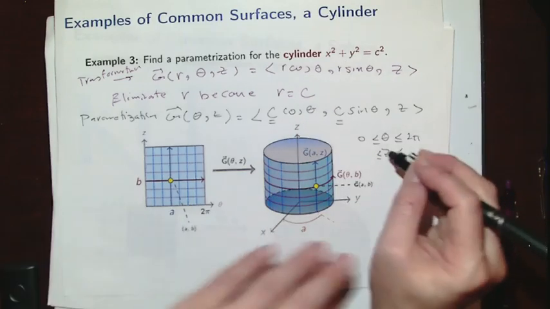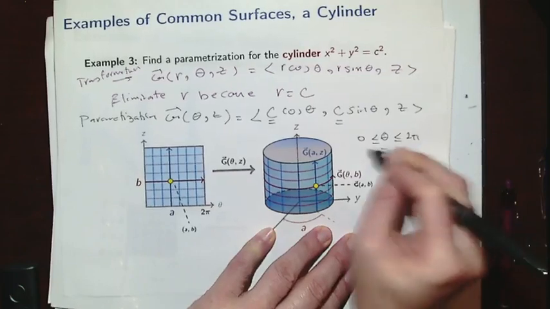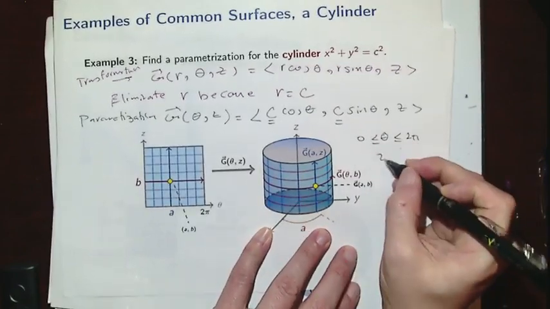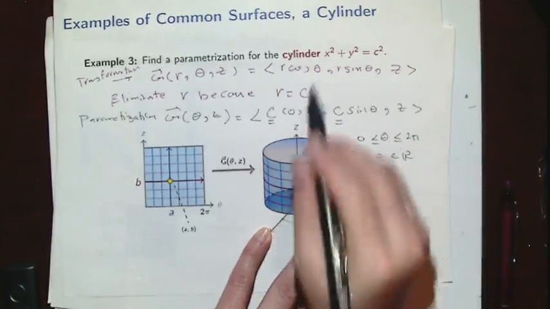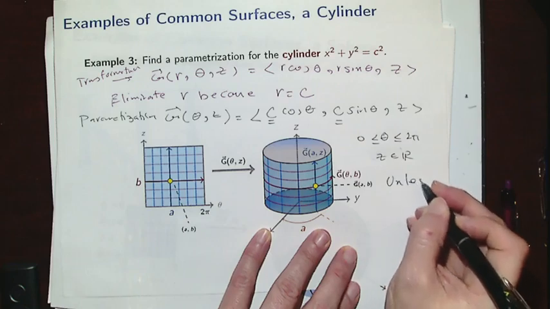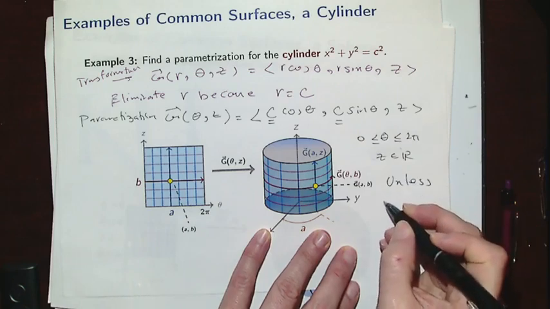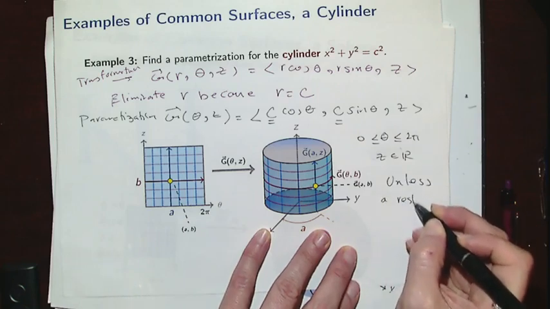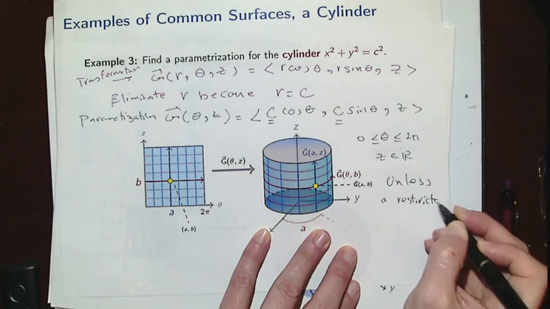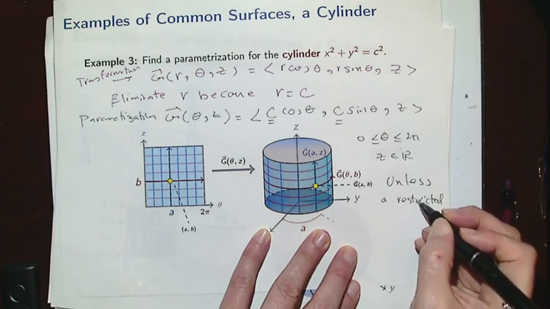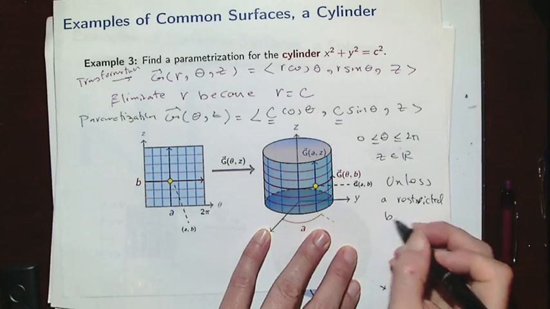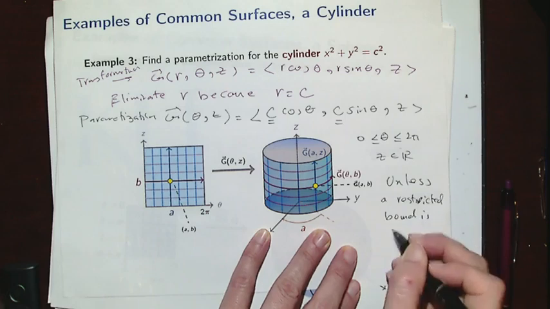So I'm going to assume that Z is in R, unless a restricted bound is given.